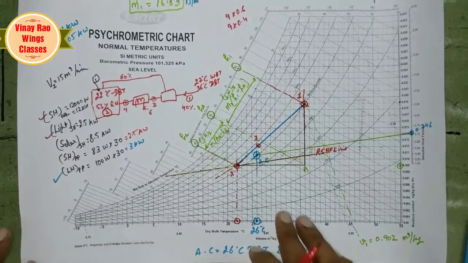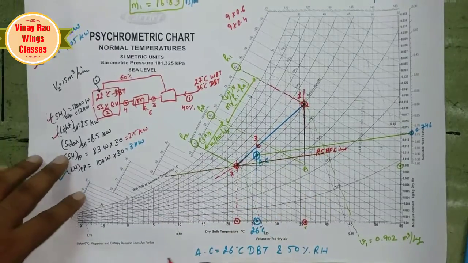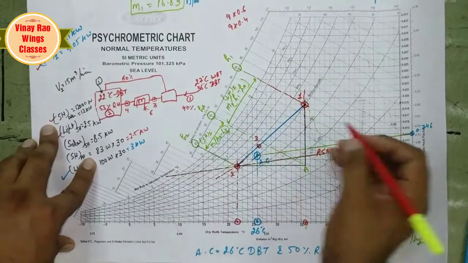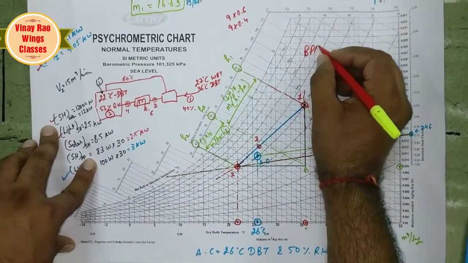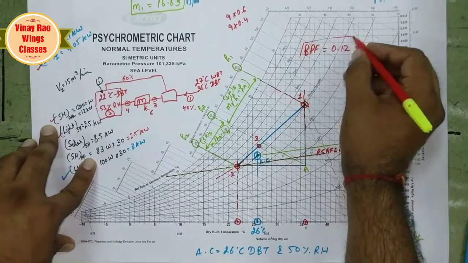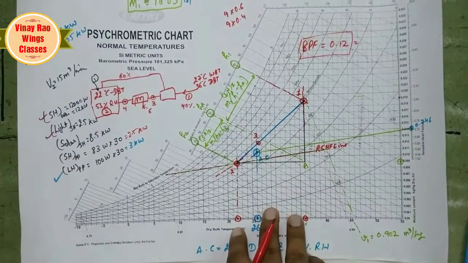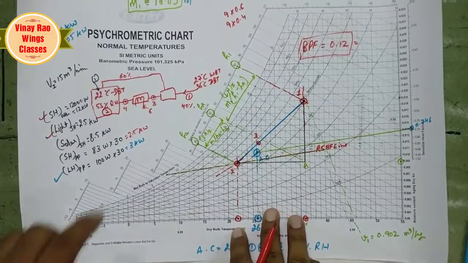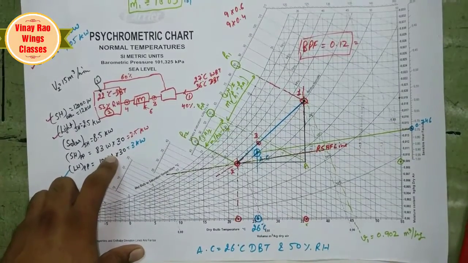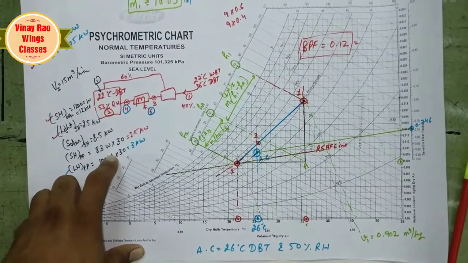We have the coil temperature. The bypass factor is given as 0.12. If you see the previous numerical, we go through the bypass factor and get two temperatures, T6 and T4.